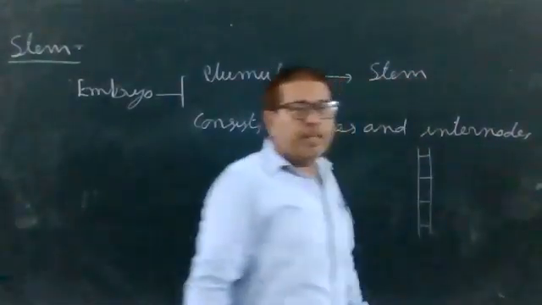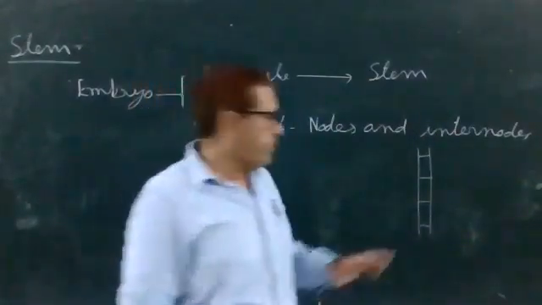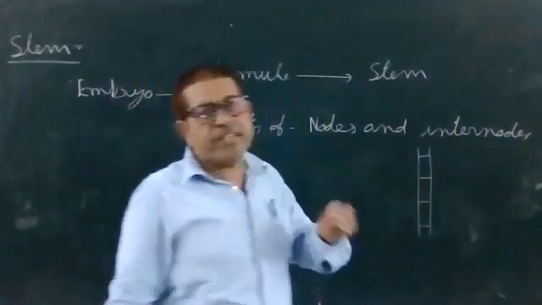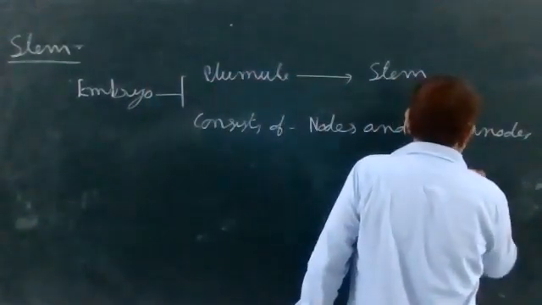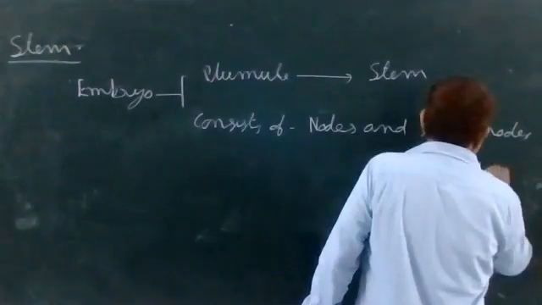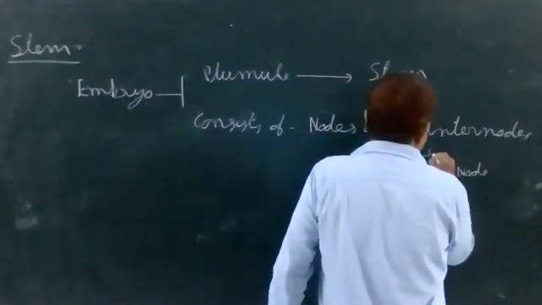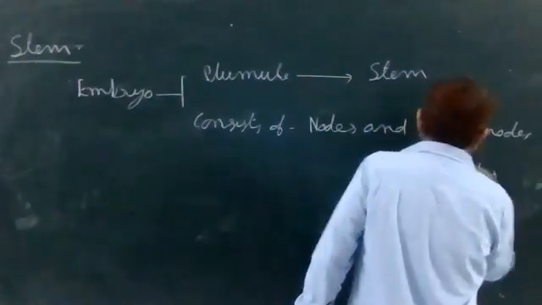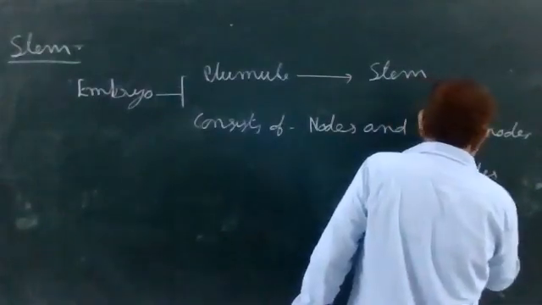We have seen the plant of the sugarcane. Sugarcane nodes are very distinct. So this is called node, and this portion is called internode.